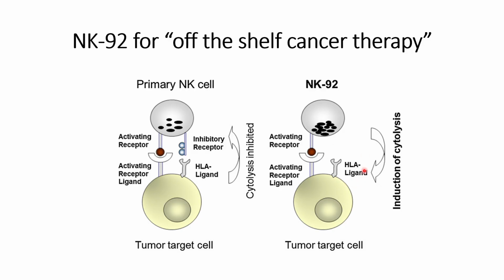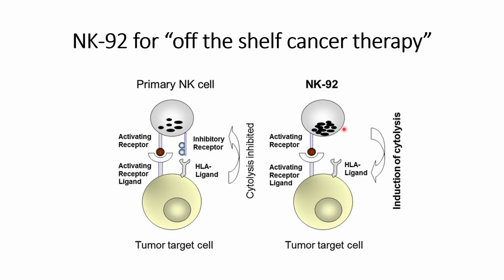So even though the HLA ligands are present in the target cells or the tumor cells, they cannot interact with these counter receptors on the NK-92 cells, and thus the activation of these NK-92 cells will be more consistent, and its efficacy against the tumor cells will be higher, since the activation of the NK-92 cells is more consistent.